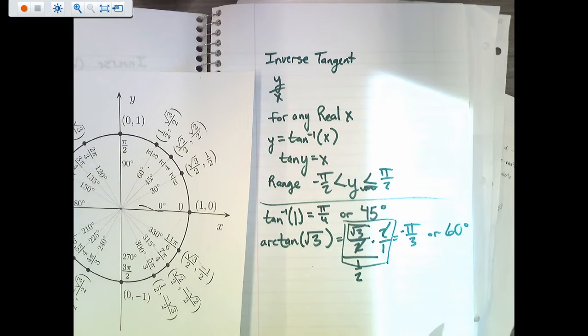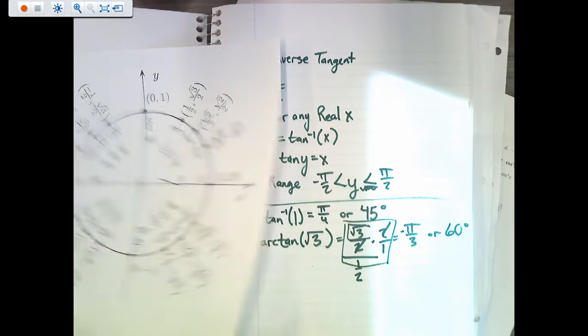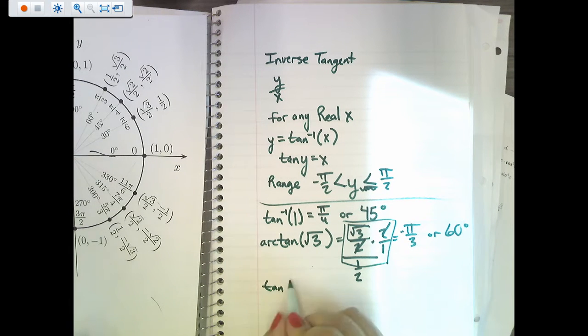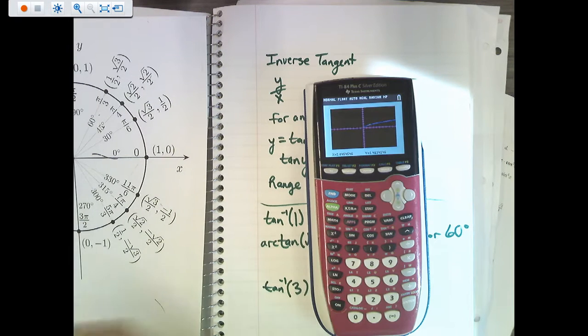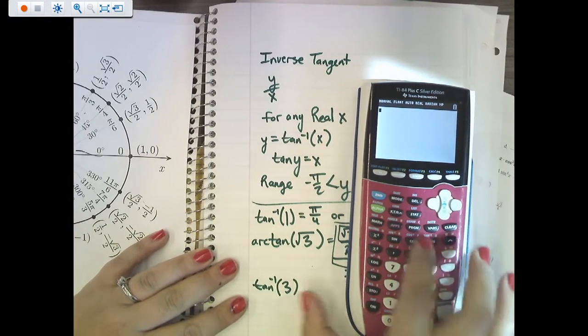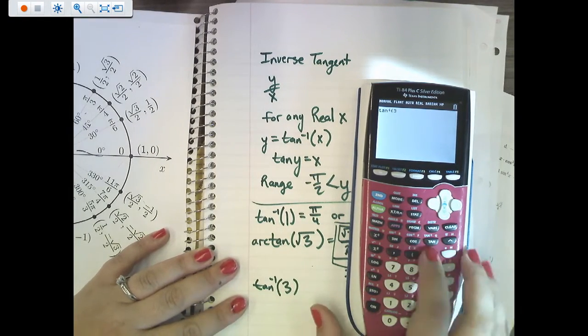Okay, if they don't have square roots, a lot of times I'm going to show you how to type things in the calculator as well. So on the calculator, if I asked you to do the inverse tangent of 3, you would just do second tangent 3.